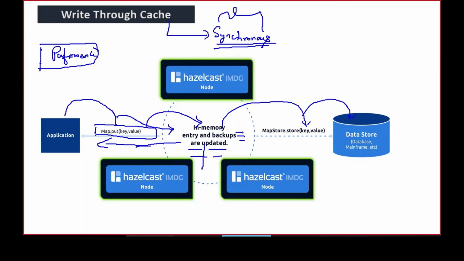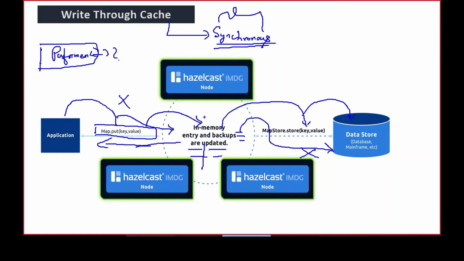First, it fills up the cache. In parallel, we'll be trying to write it to the database as well. Suppose at this point it fails, the transaction is not said to be done. Until this whole process is done, you will not even take up a new transaction. So obviously we have to wait in this case, so it impacts the performance.